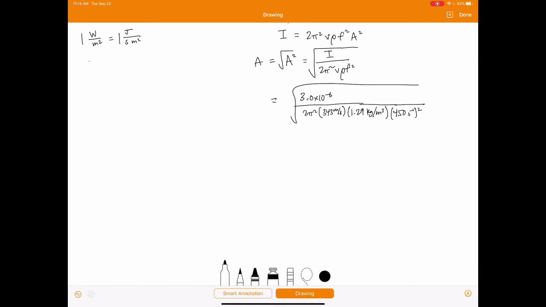Also remember that a joule is a kilogram times a meter squared per second squared. And that's going to divide seconds and meters squared. So overall, meters squared cancel out. And then we have seconds cubed on the bottom. So intensity units can also be written as kilograms divided by seconds cubed.